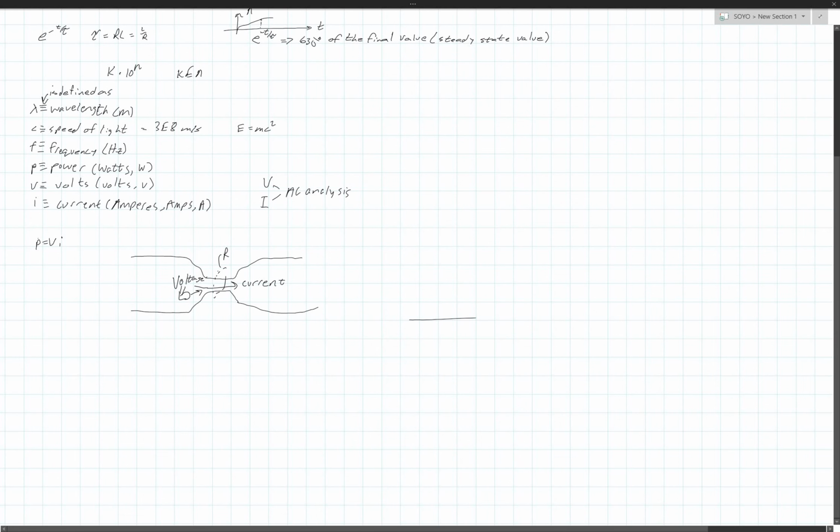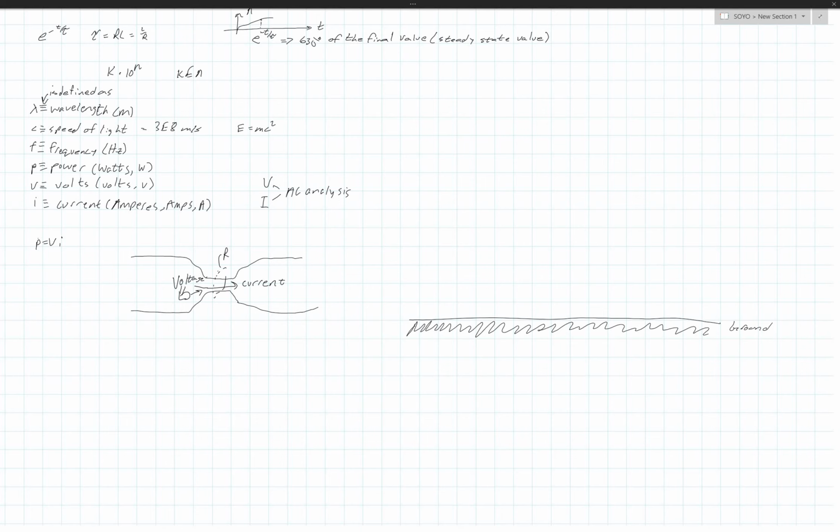So if we consider this plane down here, we'll color it in a little bit. We'll consider this the ground. This could be your circuit. You have grounds in circuits, but in this case, we're just going to consider this earth ground, what you're standing on.